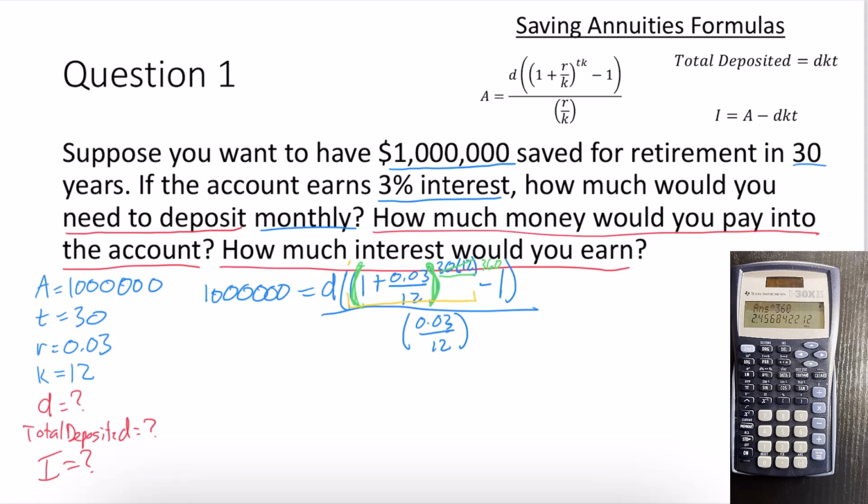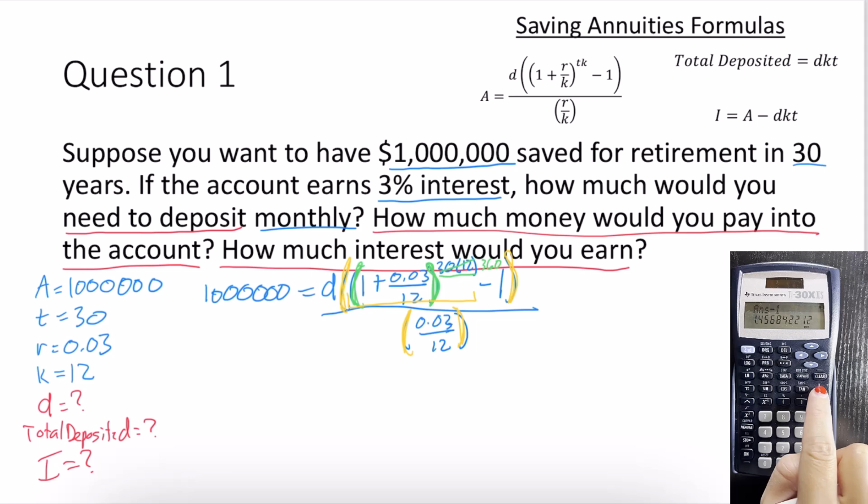So my next step to finish simplifying this big set of parentheses is to subtract 1 from that. So I'm going to click my minus sign because that takes the answer that I just got and it subtracts 1 from it. And that gives me 1.45608, etc. And at this point, I want to divide by this stuff on the bottom so that I can fully simplify that fraction and just have D times something.